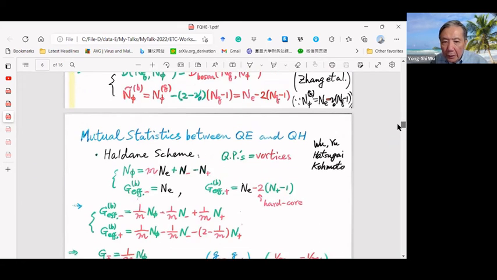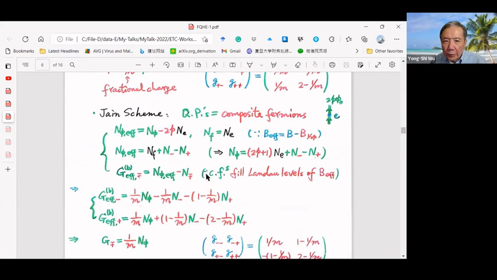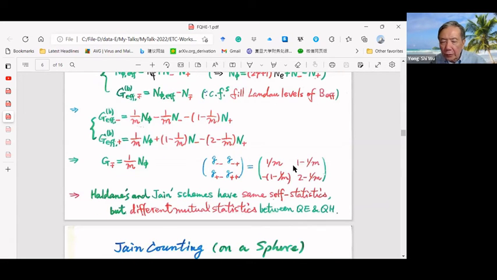Here, I will not repeat it. However, for the Haldane scheme, we have such constraints. And for Jain's, we have different constraints because the physical definition of particle is different, because of the different physical picture. Okay, so this is Jain's result.